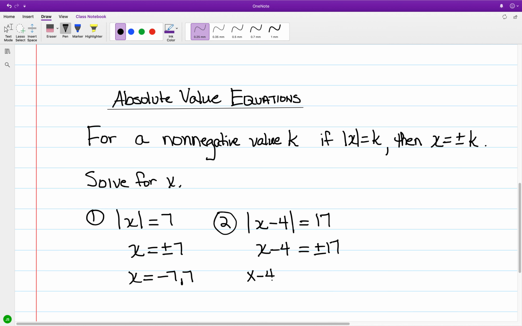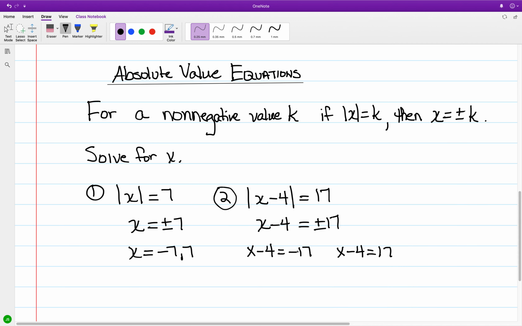So x minus 4 is equal to negative 17, and also x minus 4 is equal to 17. Adding 4 to both quantities, we have x equal to negative 13 on the one end, and for x minus 4 equals 17, x is equal to 21. So our two values are negative 13 and 21.